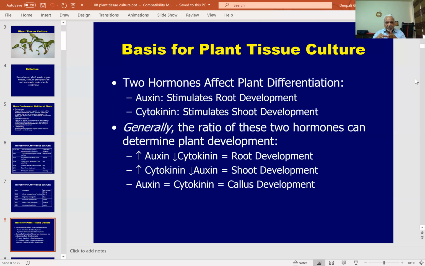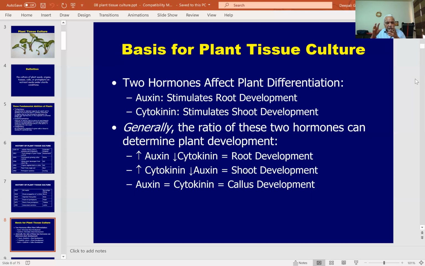For example, what I'm trying to say is that if the auxin concentration is more than the cytokinin, then cells tend to differentiate into the root system. Cells tend to produce roots. And if it is the other way around, that is cytokinin is more than auxin, then the pathway is diverted towards shoot formation.